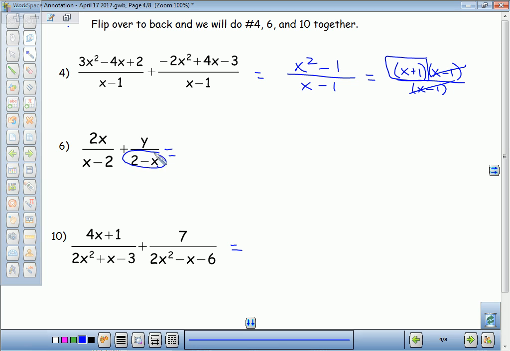When we look at our second denominator, do you see that if I factored a negative out of this, negative x would become a positive x, and this positive 2 would become a negative 2. Now, that's not something you'd be looking for, except if you look at the first fraction, you're like, hey, these are really close.